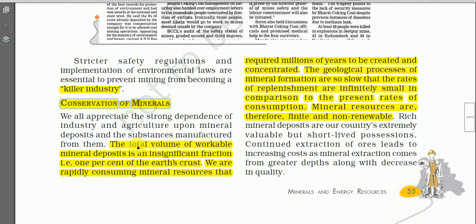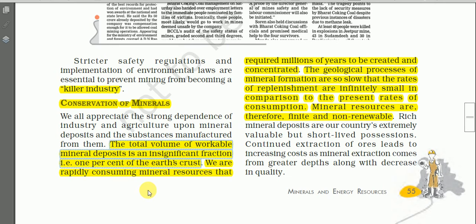Let us read. The total volume of workable mineral deposits is an insignificant fraction, that is 1% of the earth's crust. The total volume of extractable mineral deposits is insignificant, meaning a very small fraction, only 1% of the earth's crust.